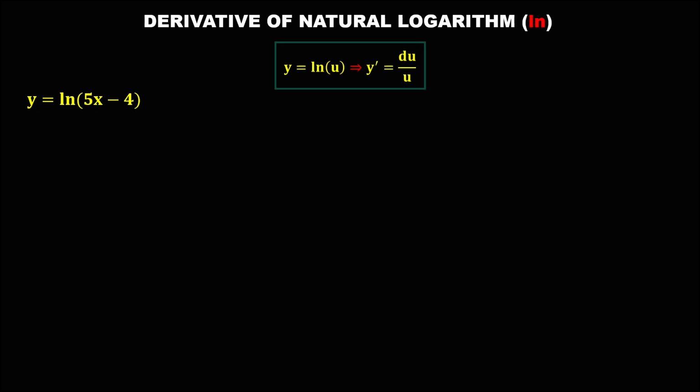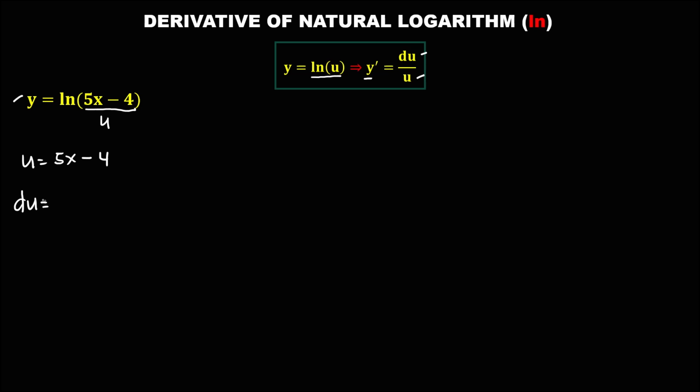So for this problem, to find the derivative of a natural logarithm, the derivative of ln u is equal to du over u. Then from this given, to evaluate the derivative, this is u. So u is equal to 5x minus 4.